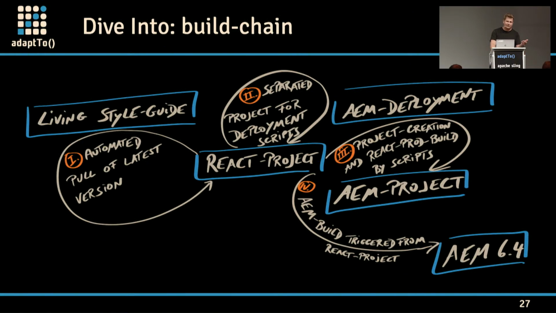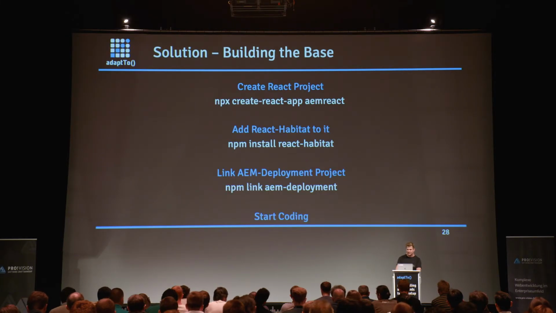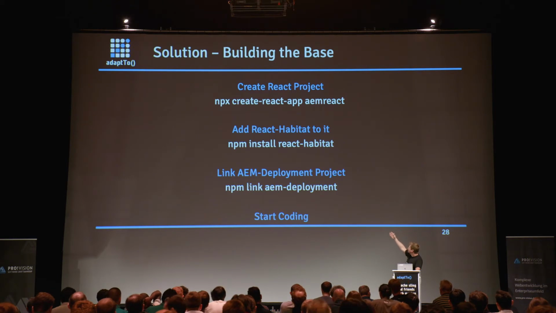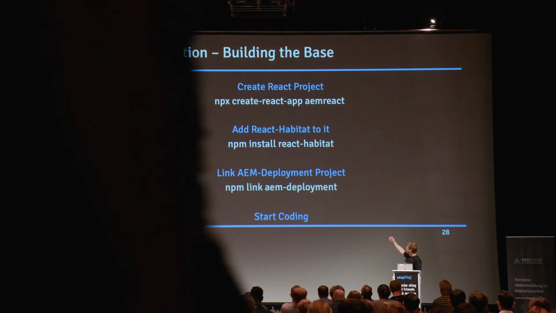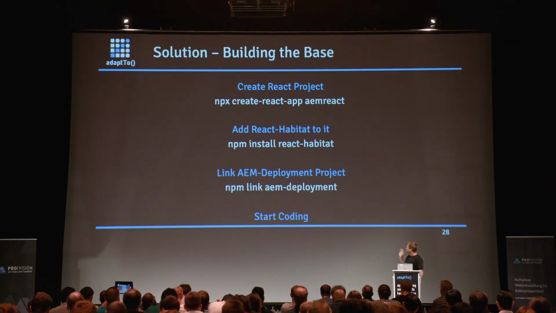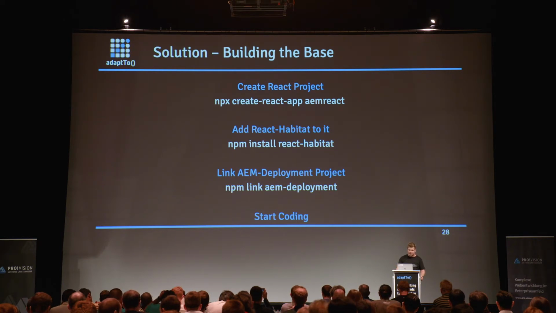As I said, we do not do any Sling development as you probably do in general. To prepare that React project, you just need to create an empty React project, as whoever has done it before. This first line is nothing special. It's just giving a name to the project at the end with aem-react, and then you add the React habitat project to it. And finally, you link our aem deployment project to it, which you need to have on your system as well.